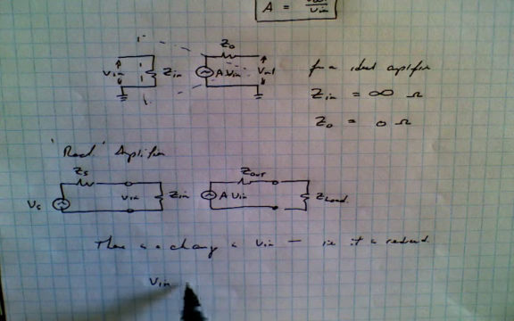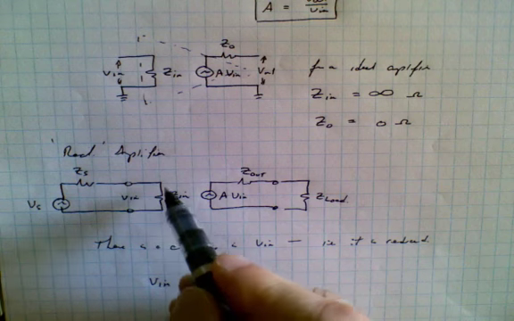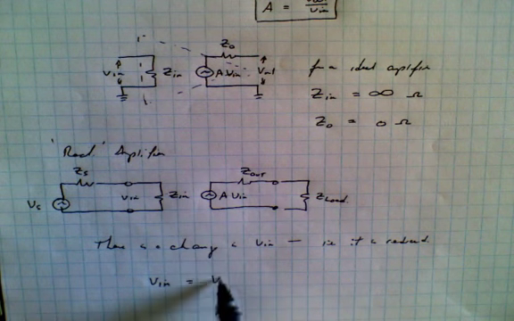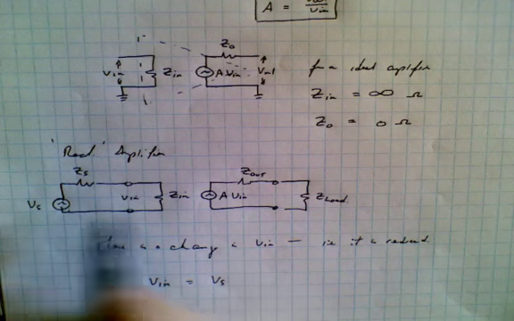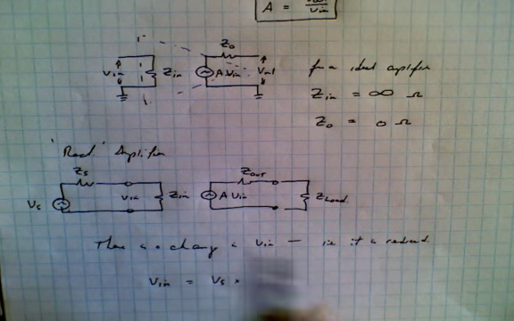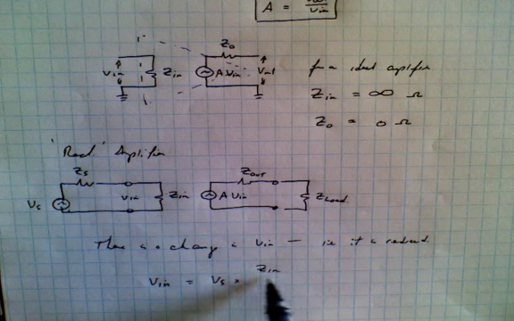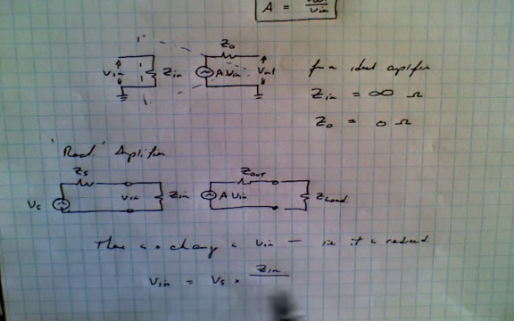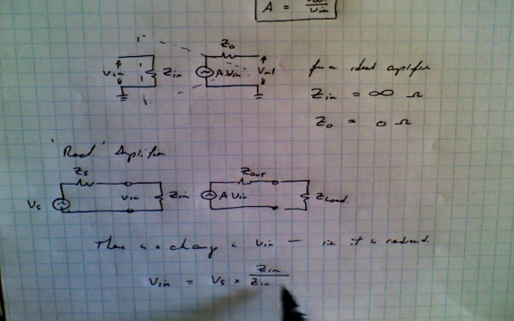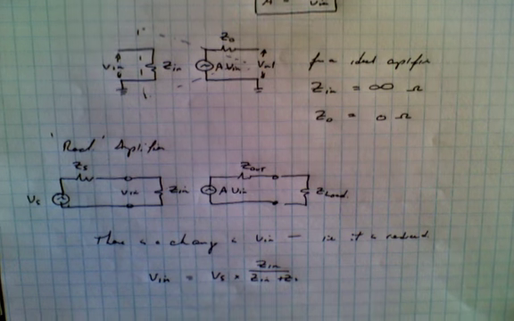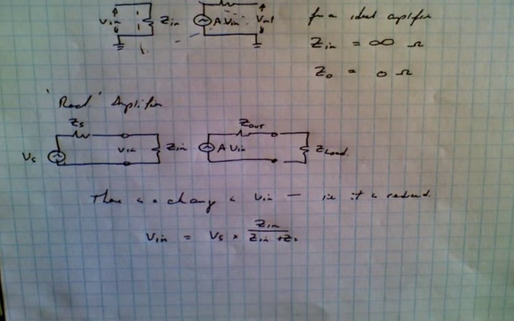So V in is now equal to the voltage divider rule, Vs, the source, times Zin over Zin plus Zs. So the input is going to be smaller than what we expected.